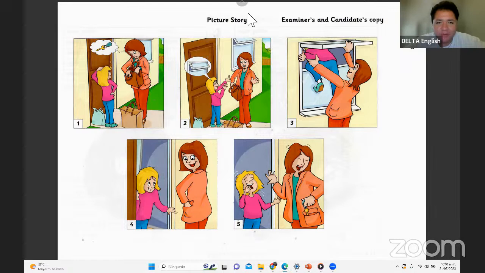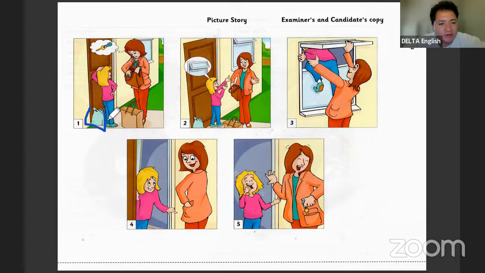So pay attention to all the elements here. What do they have on the floor in the first picture? What is this?